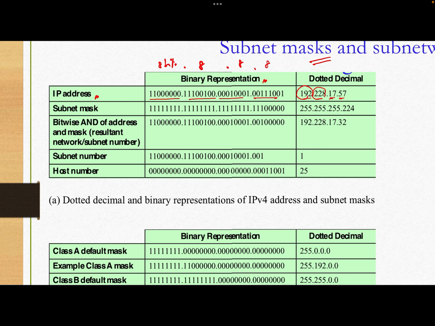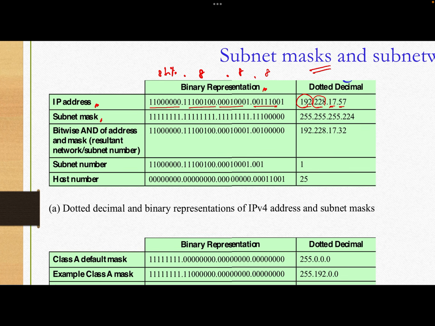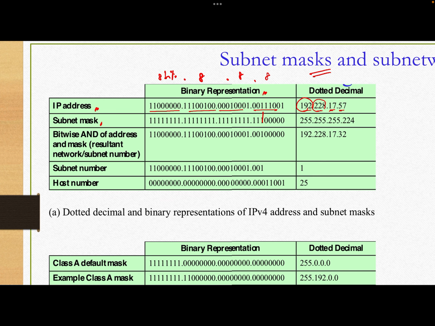The mask in binary format for the subnet is divided into two parts, all 1s here and all 0s. There is the part that you cover, and the part that you let people see. And you use the Boolean AND operation.